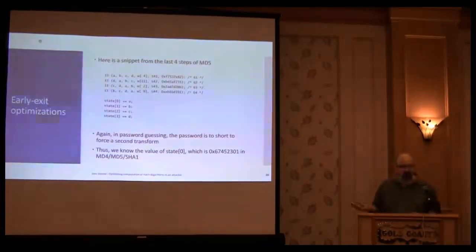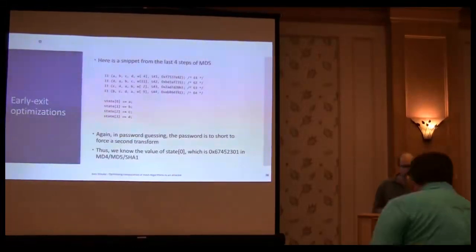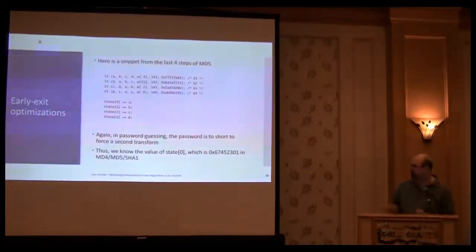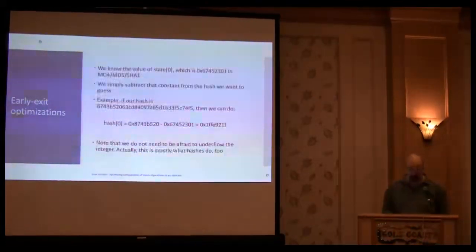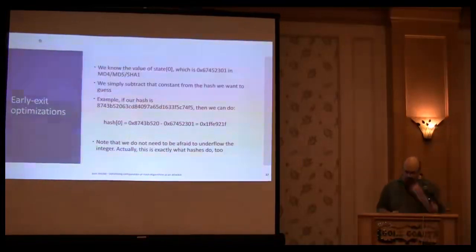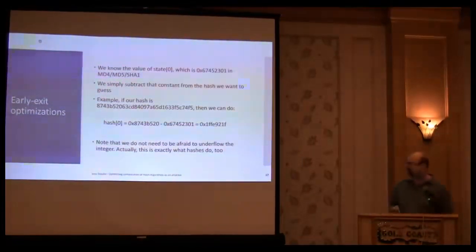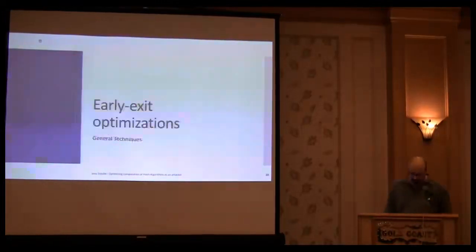Since it is the first transformation, we know A, B, C, D, because they are constants, so we can subtract it from the hash we want to crack. And when we subtract it, we know the value of A at the last position.